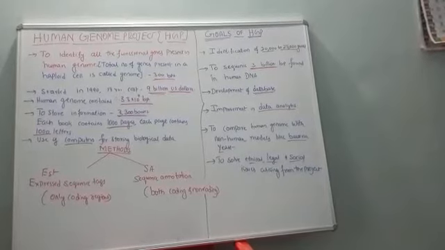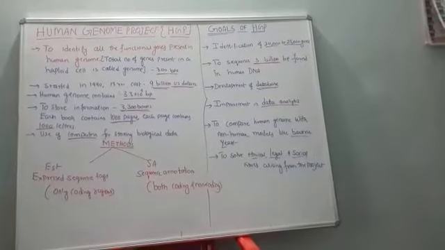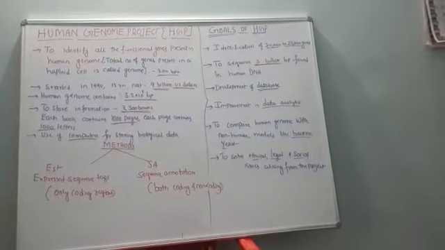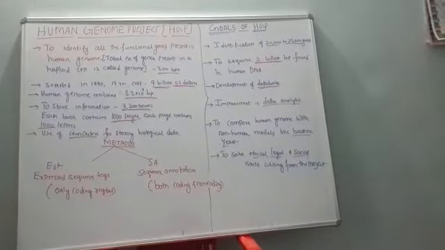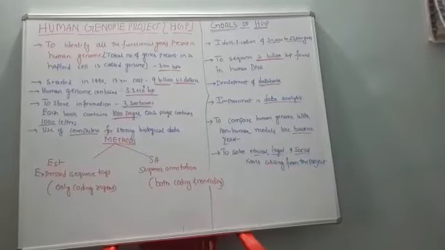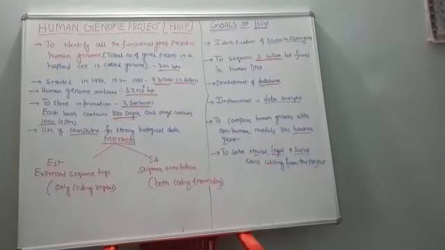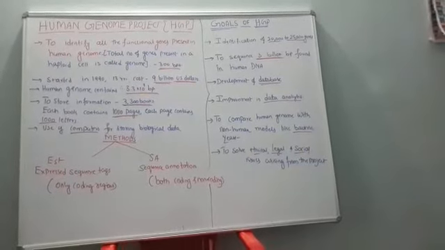And the final goal of the HGP is what? The last goal of the Human Genome Project was to solve the ethical, legal, and social issues which are arising from the project. Let me clarify one by one.